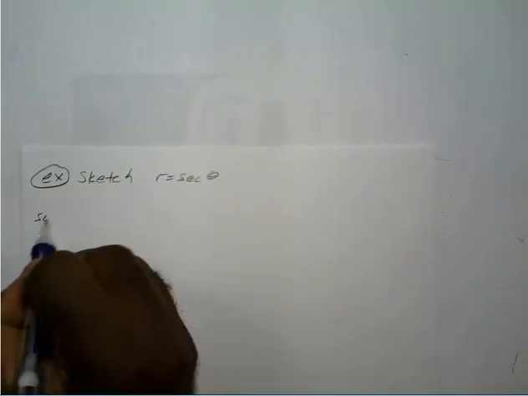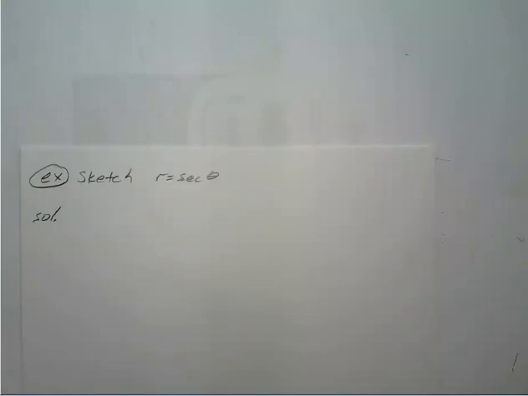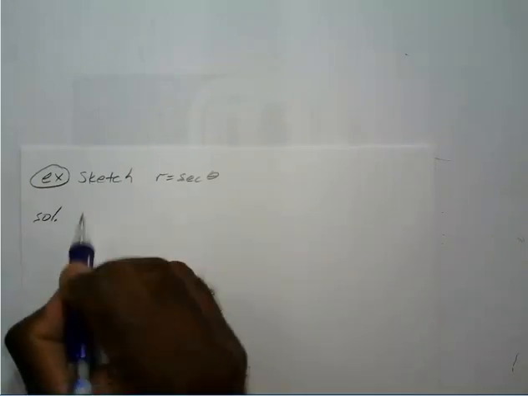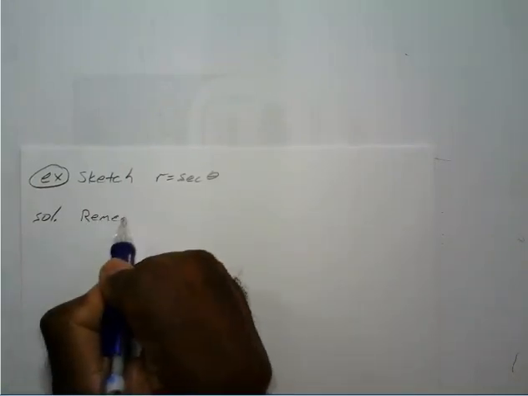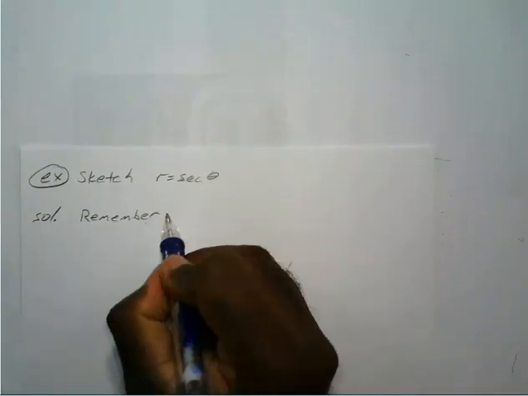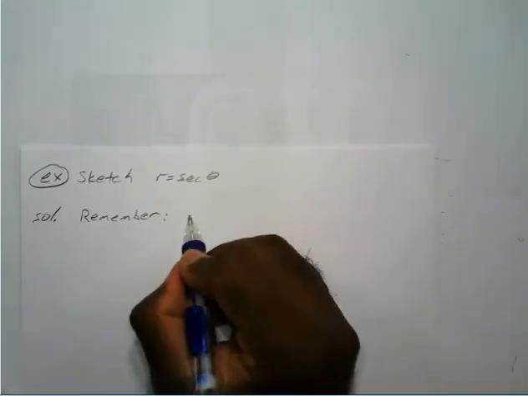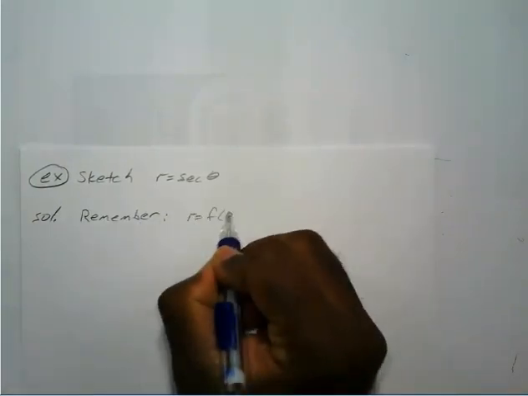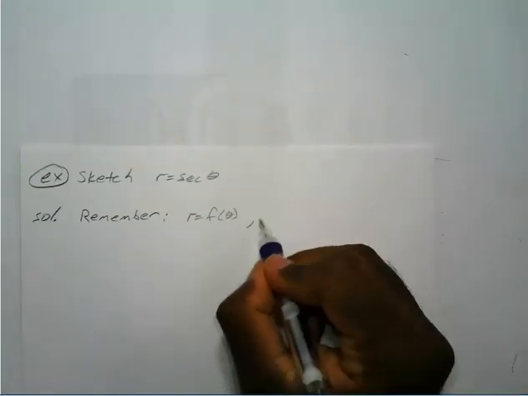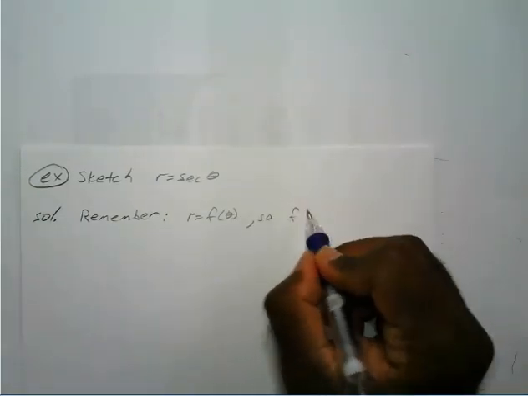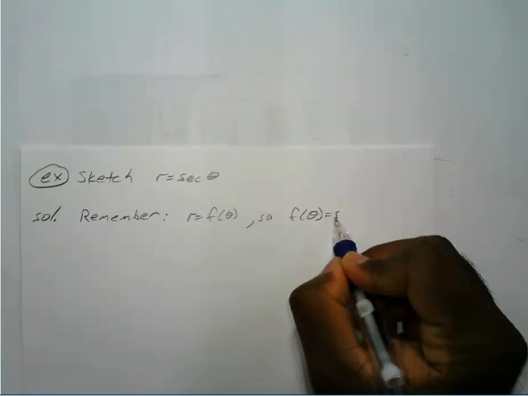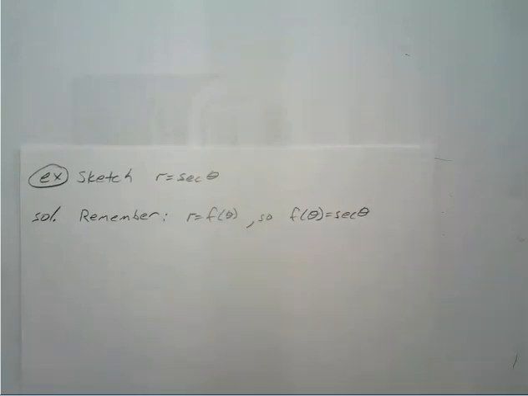So remember that r is equal to f of theta, or you can view it as f of theta. So you can also have f of theta equals secant of theta, the same way you can have f of x equals some function of x. Theta is just your parameter.